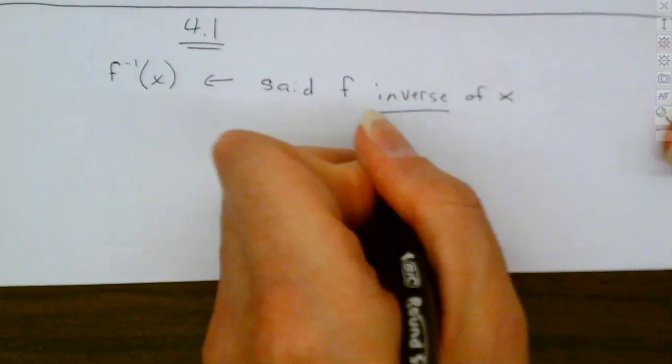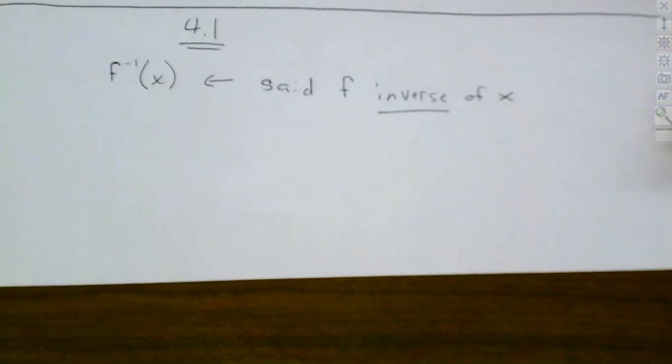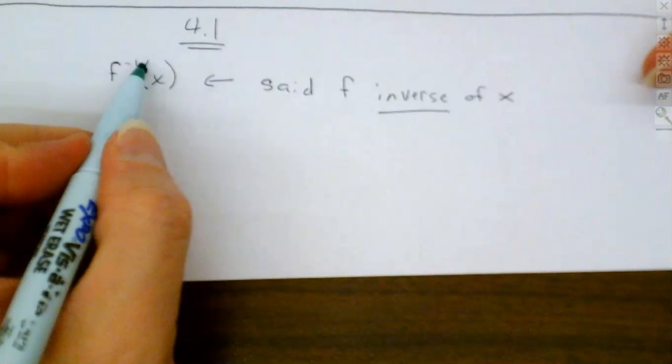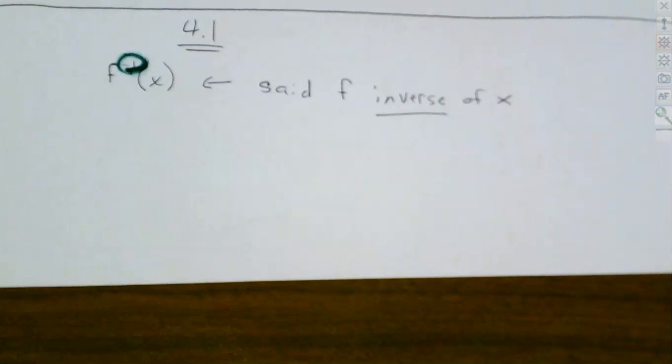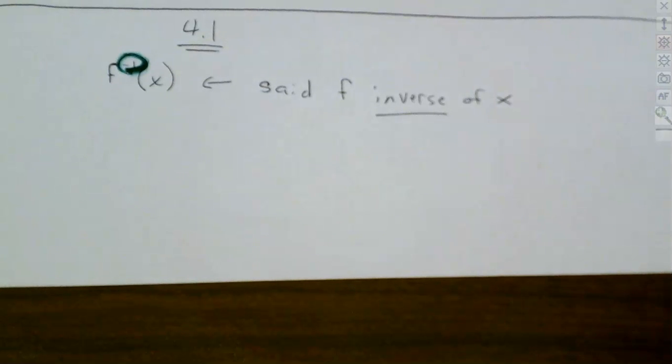Okay, so that little negative 1 is your inverse. It's the opposite. Now in mathematics, most things have opposites. Addition has its opposite subtraction. Multiplication has its opposite division. When we talk about functions, though, some functions have an opposite and some functions do not.